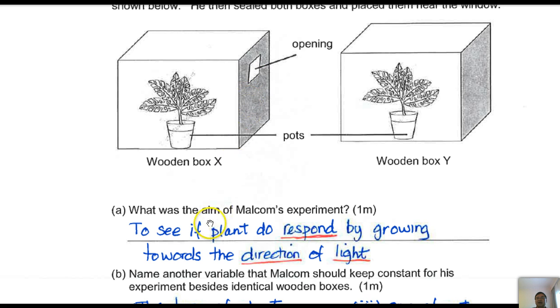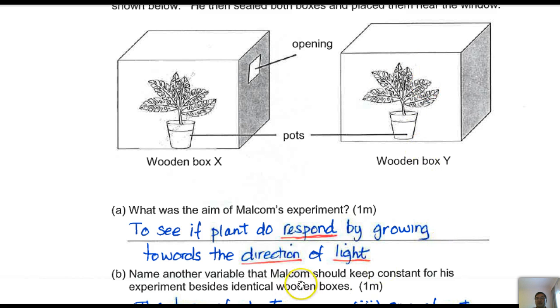Probably the best answer is to see if the plant does respond by growing towards the direction of the light. Simply, the experiment is all about this at this moment. Not so much about air going in, because even inside here you seal it a little, air will still somehow seep inside, or there will be sufficient air here to last for a period of time.